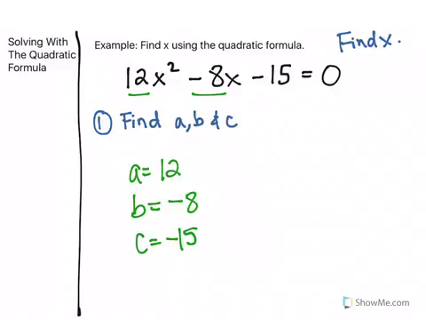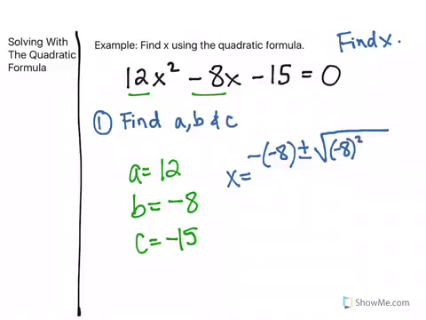So in this case, I would rewrite this as x equals negative b. Now b is a negative value, so I'm going to write it in parentheses so I don't forget that it's a negative negative. Plus or minus the square root of b, so again, negative 8 squared.